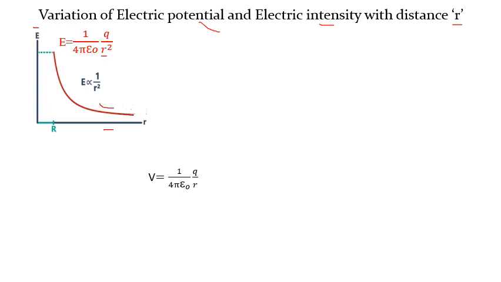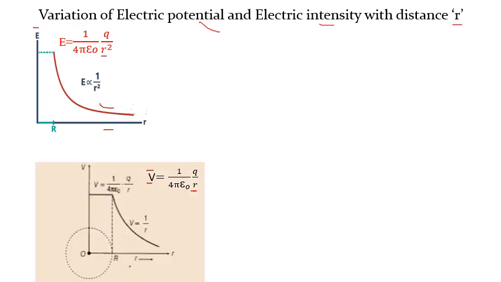Second graph, here also V and R. As R increases, V goes on decreasing. V is also inversely proportional to R, and the nature of the graph is like this.